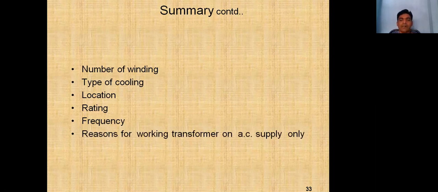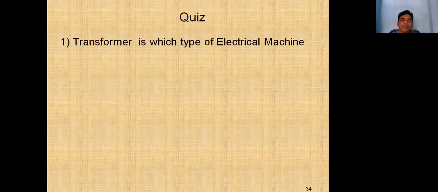And also we had discussed the working of transformer on AC only. When we give supply, alternating flux is generated in the primary winding and links the secondary winding. There are no rotational parts, only statically induced EMF, and the relative motion is present in the flux itself due to its alternating nature.